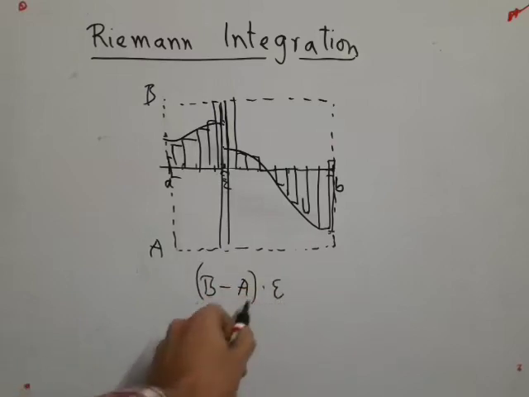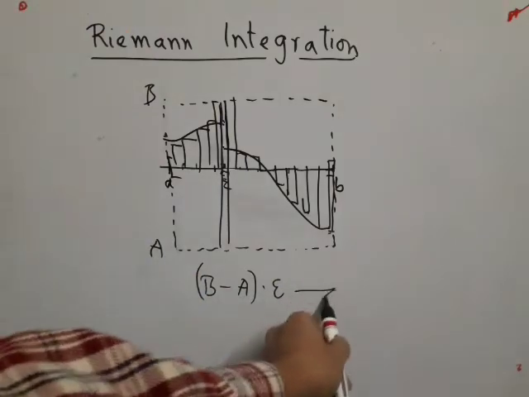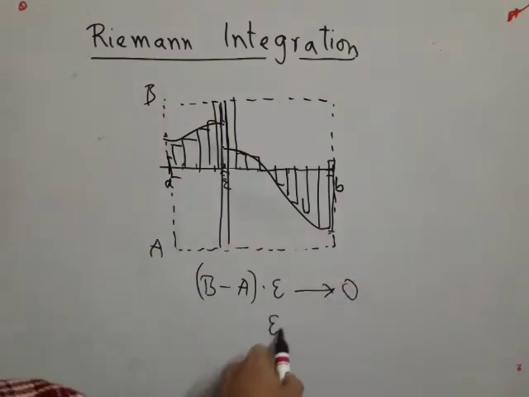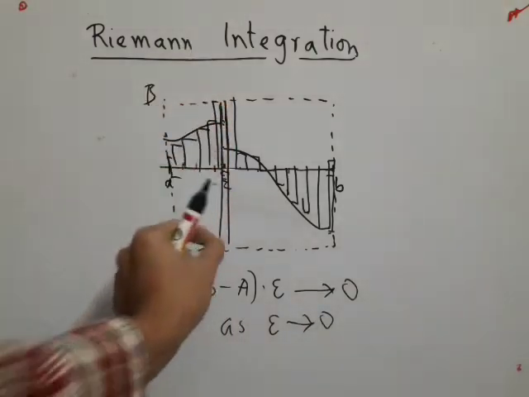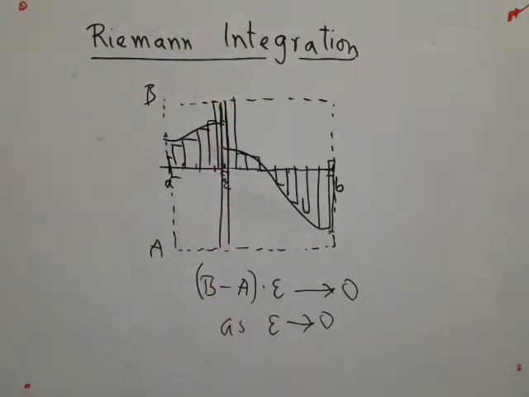Remember, b and a are fixed given numbers. So if you make epsilon small enough, this can be made to go to 0 as epsilon goes to 0. So you can say this little sliver of a rectangle is not going to make any difference at all. That was something that was already known from Riemann's own work.